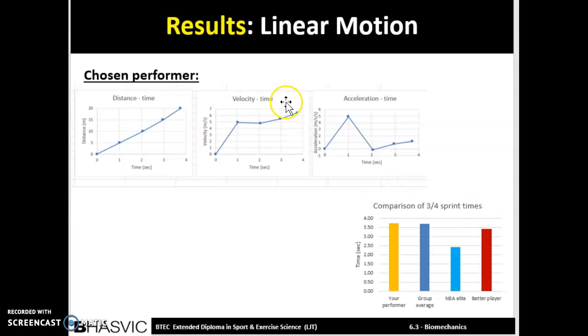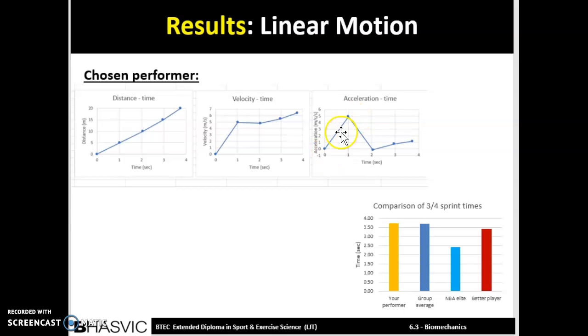Similarly, the linear motion. So these are the results of my chosen performer, and you can see the distance and time. The distance time graph here is a slight curve, so you can show that they're accelerating throughout, which is shown here in the acceleration time graph.